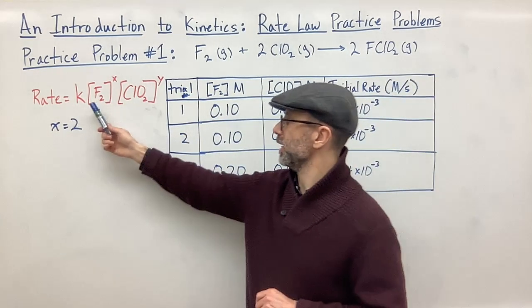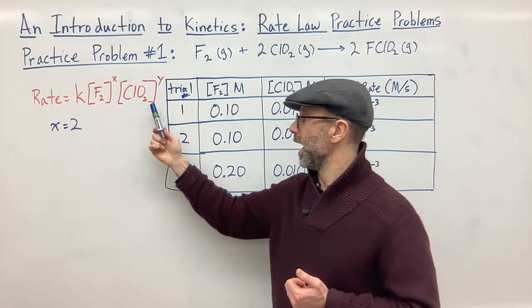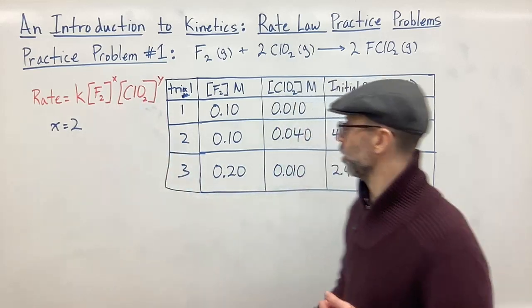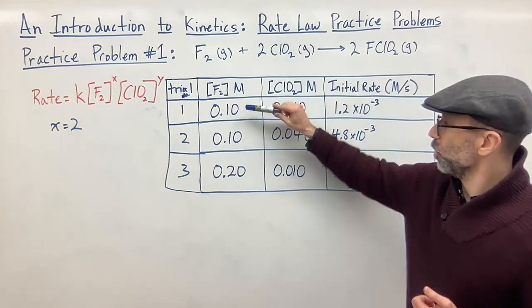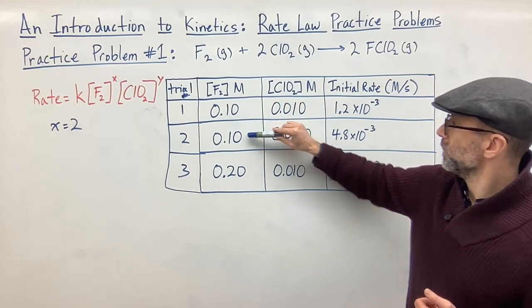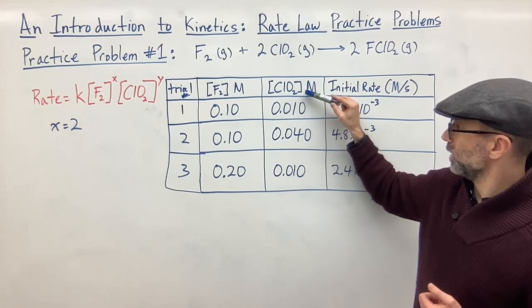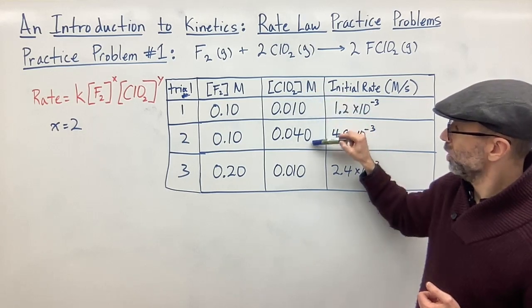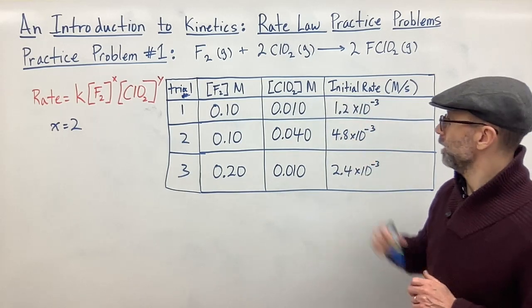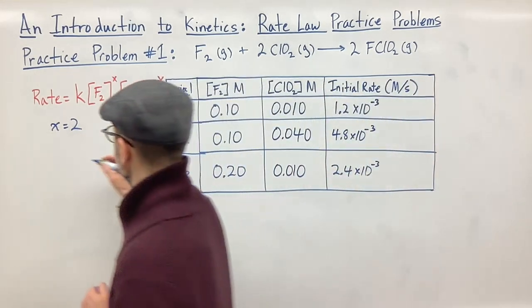This time we want to keep F2 concentration the same and look at how ClO2 changes. So these two, we see that F2 is the same concentration. And here we could see that the ClO2 concentration quadruples from here to here.